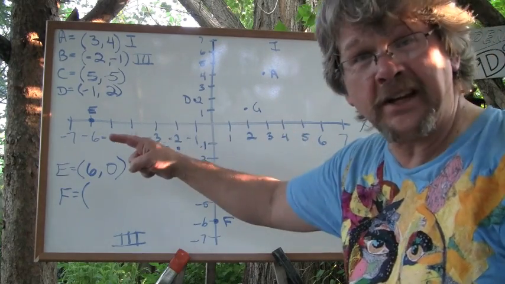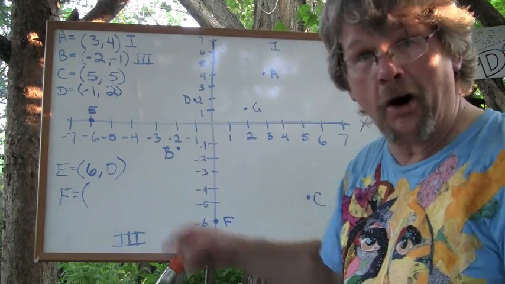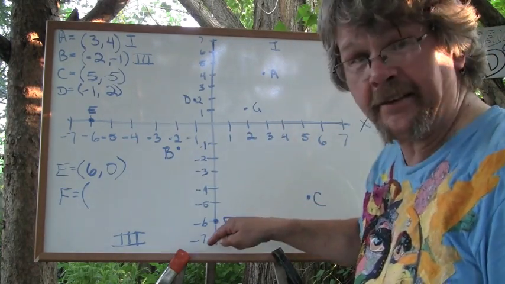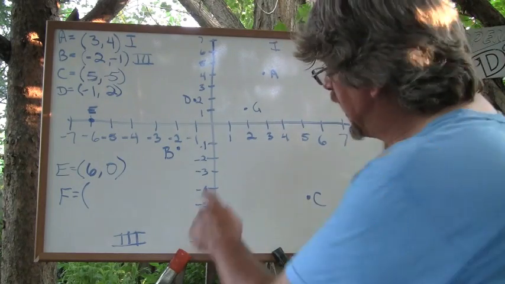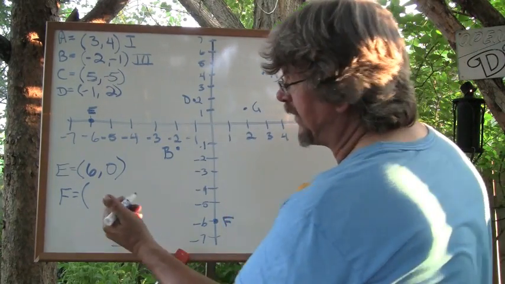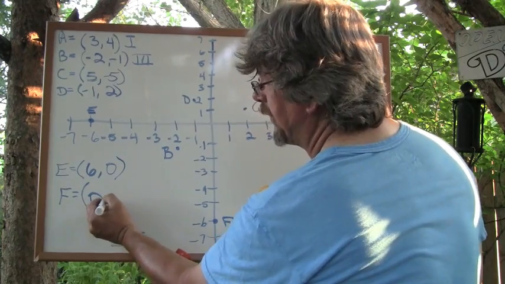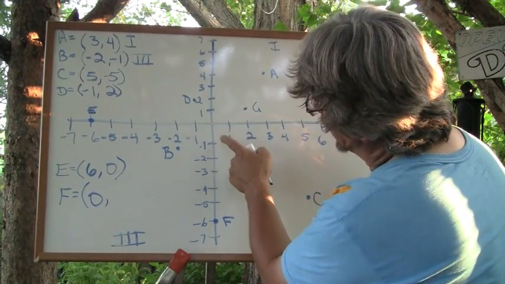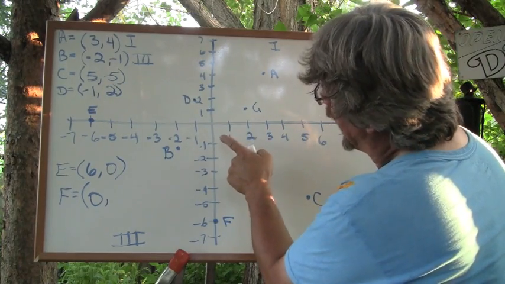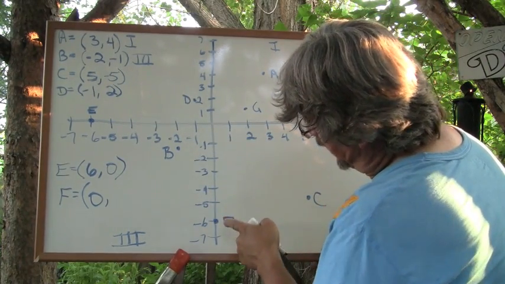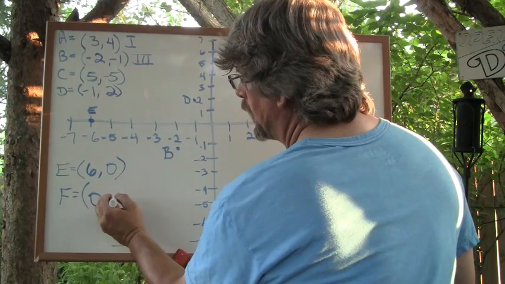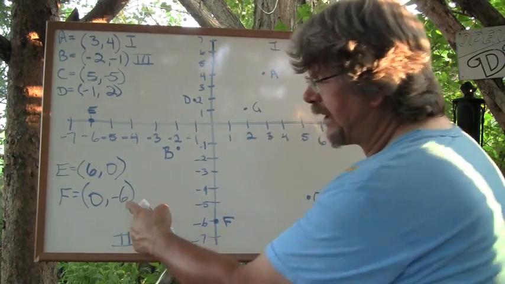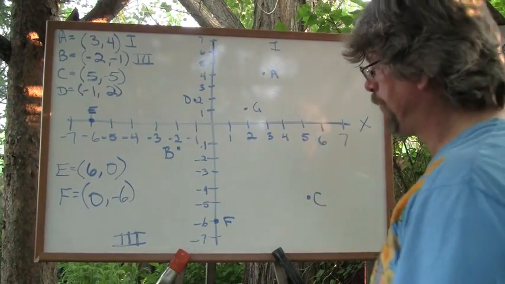Are you going to go left into negative x territory? No, because it's on the axis. So the x number here, starting at 0, is 0. Now we count down. So it's 0, and 1, 2, 3, 4, 5, 6. 0 and negative 6 for F.